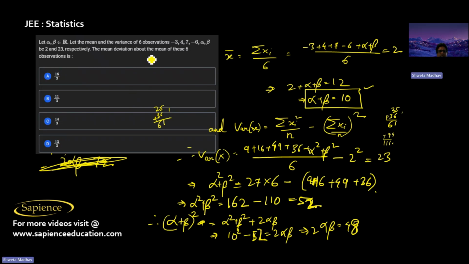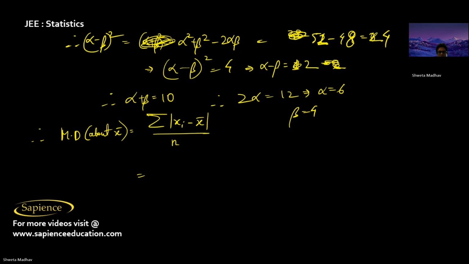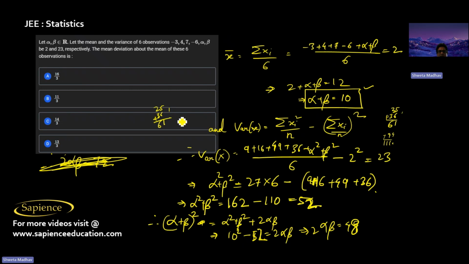Therefore, the mean deviation about the mean of these 6 observations. So the mean deviation about the mean is summation mod of xi minus x bar divided by n. Mean is 2.